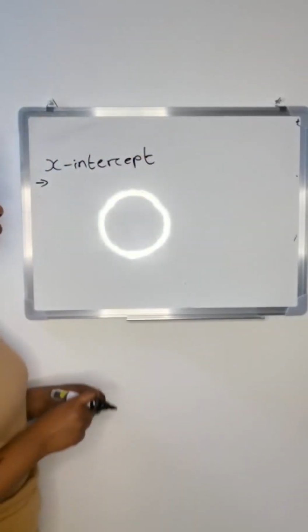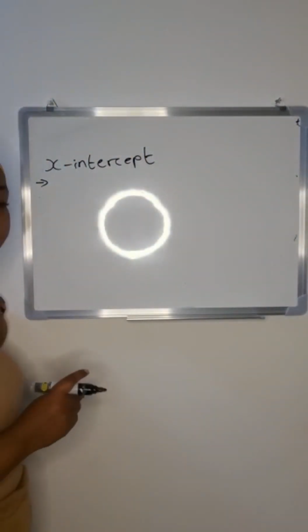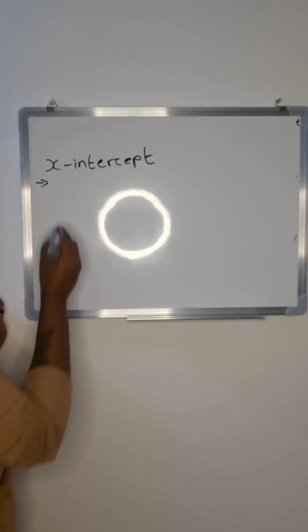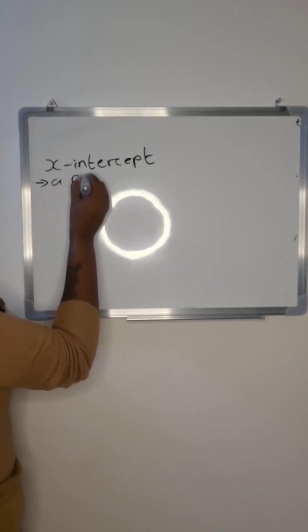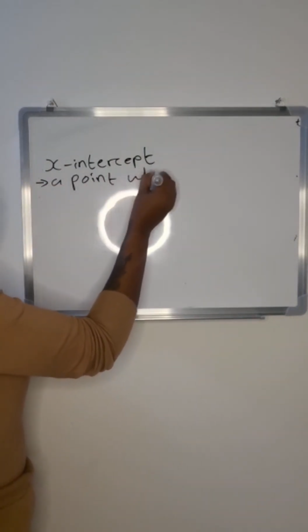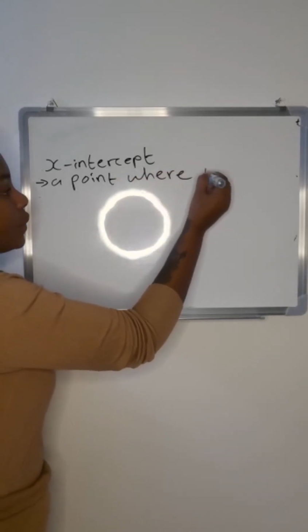Okay, now let us discuss intercepts. We have the x-intercept and we have the y-intercept, which is given by the value of c. The x-intercept is a point where the graph of the line cuts the x-axis.